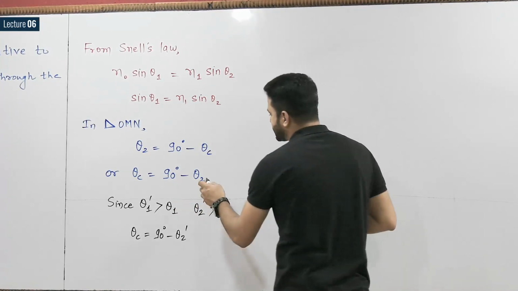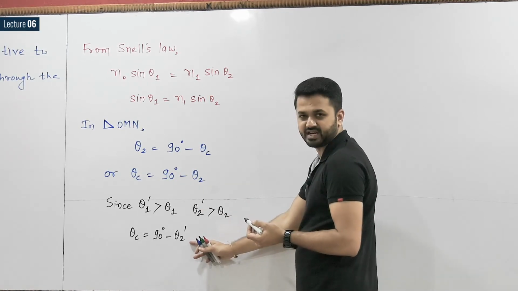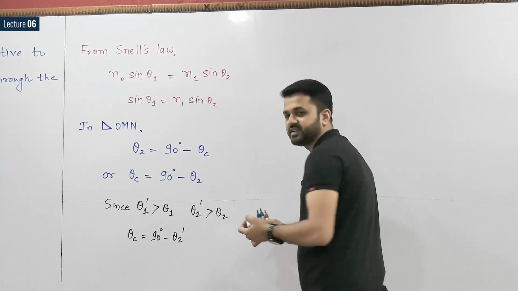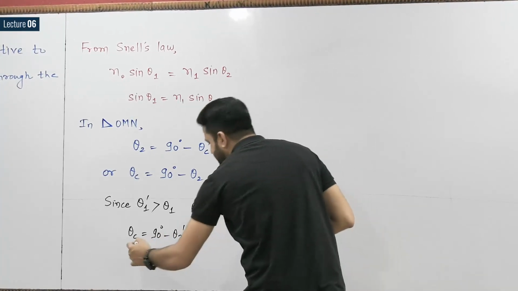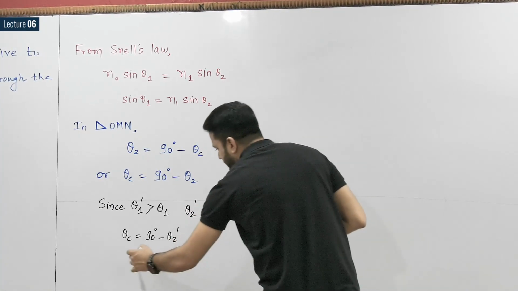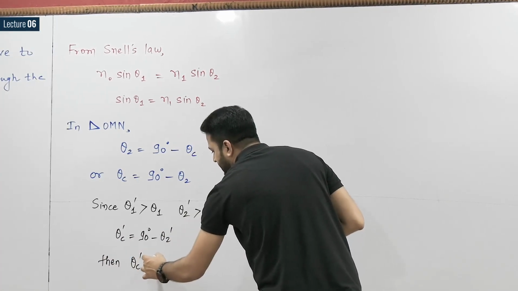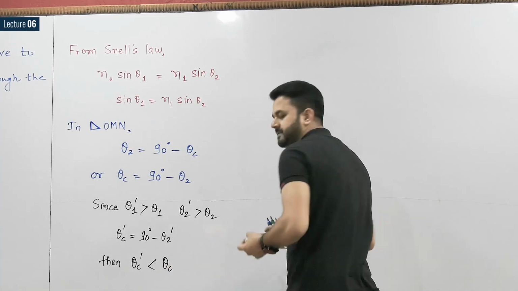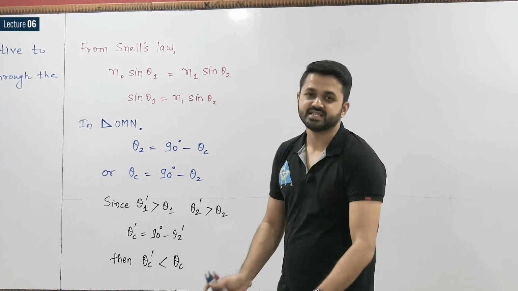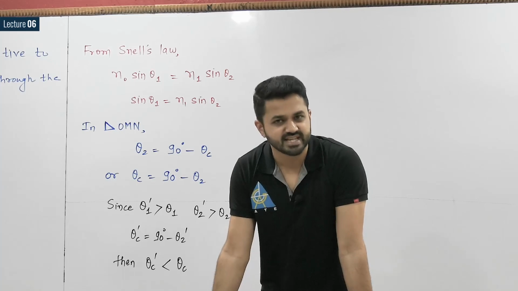So if the value of theta 2 dash is increasing, that means this theta c is decreasing. So if theta 2 dash is greater than theta 2, then this theta c dash will be less than theta c. That means the angle of incidence which is responsible for total internal reflection has now decreased.